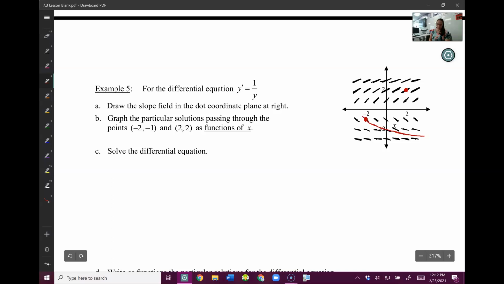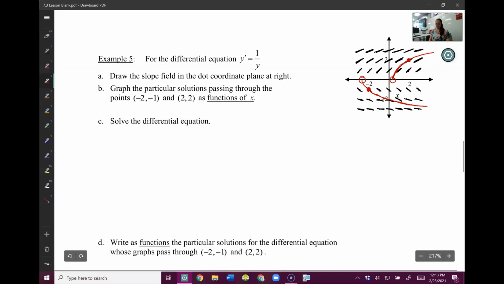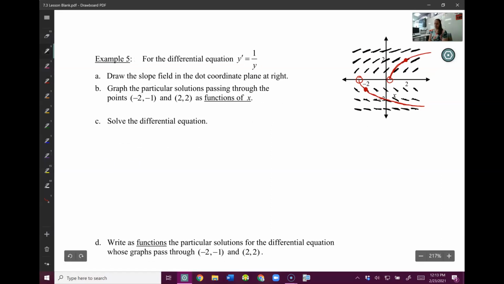Follow the slopes. I get to here. It's undefined here, so I got my open circle. Now let's do this 2, 2, 1. Looks like that-ish. And right here it's undefined, so open circle. So there's part B.